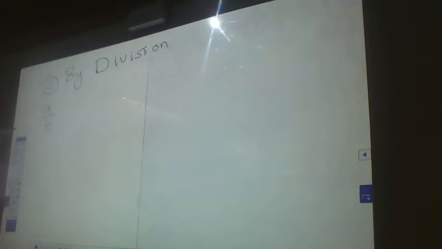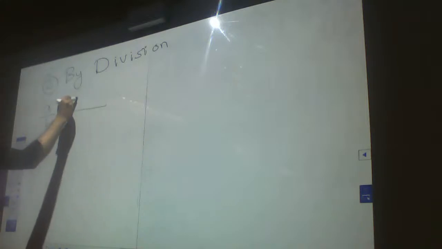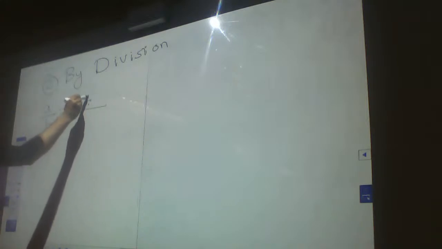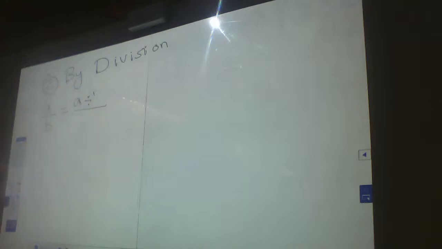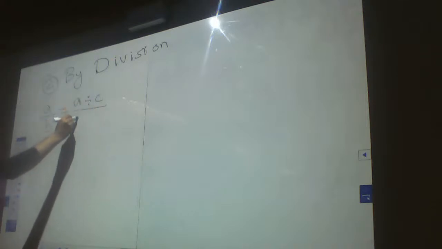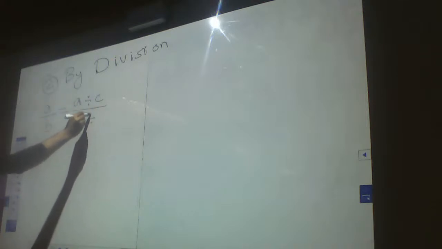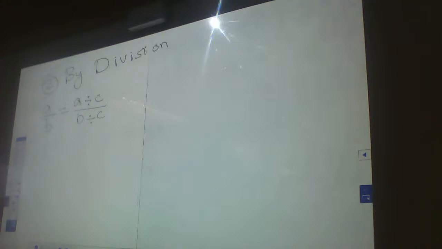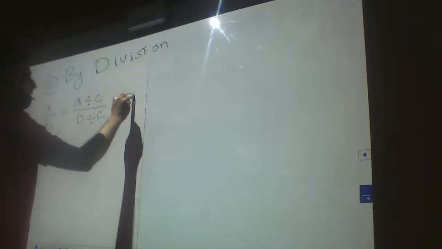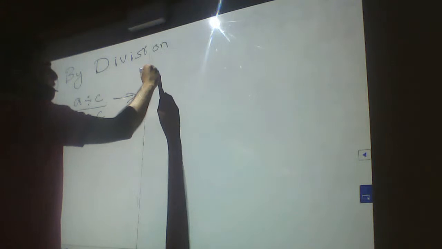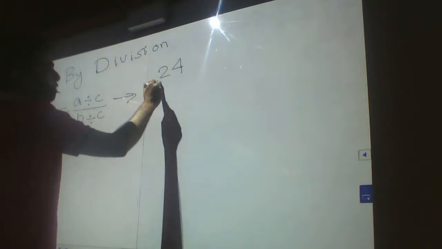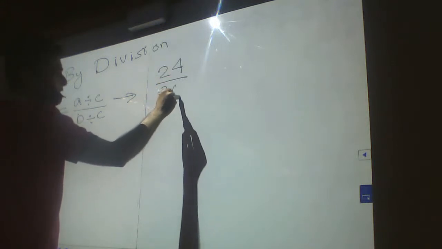We can find the equivalent fraction: a divided by any number c, and b divided by c. Right? Now let's say the example, if we have 24 over 36.